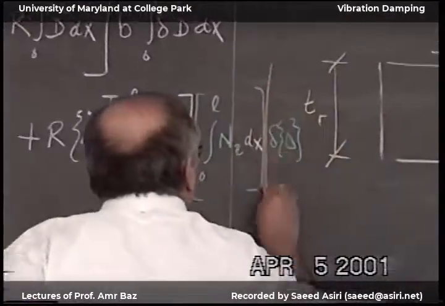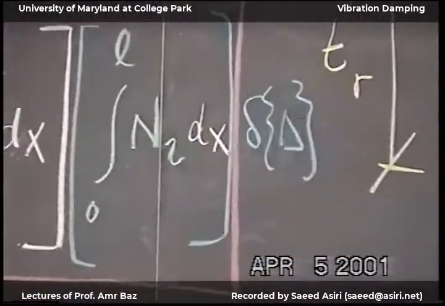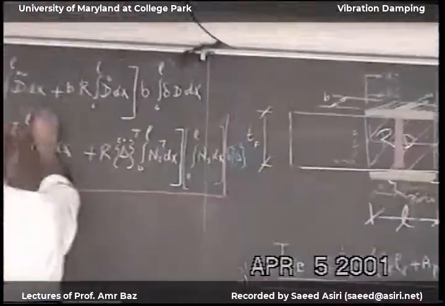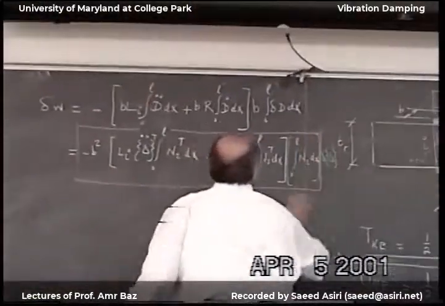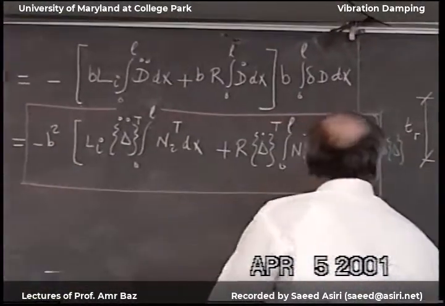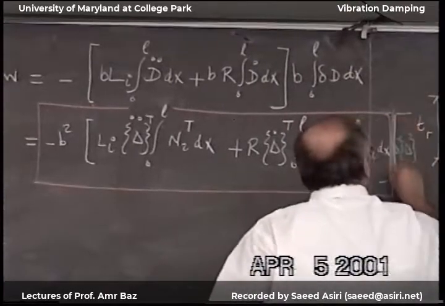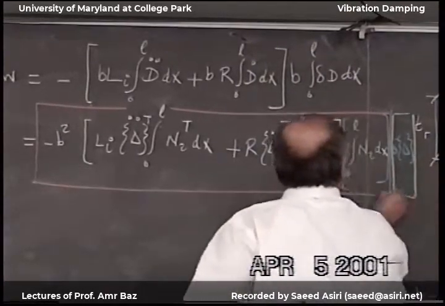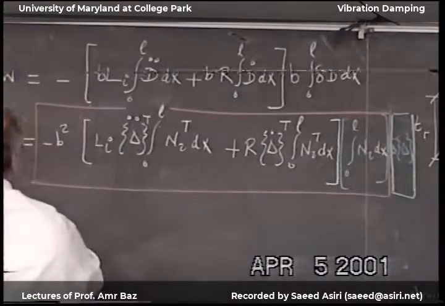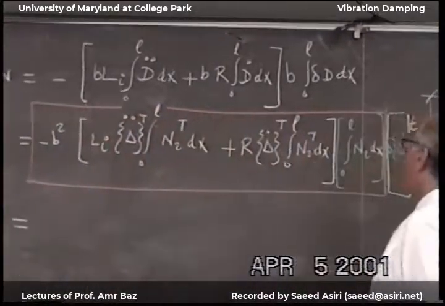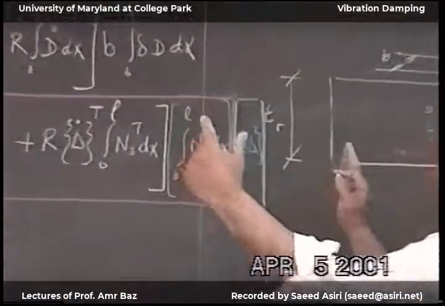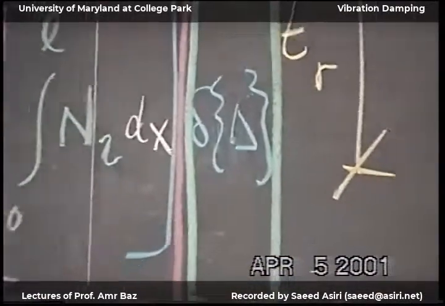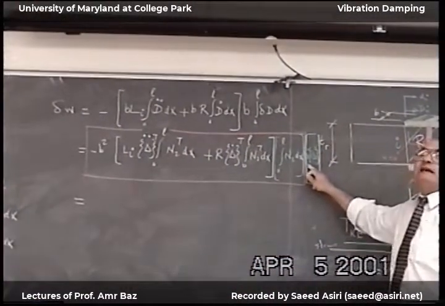I'm going to take all this, and then we can write them down here. All the terms inside this red bracket are multiplied times del of delta.